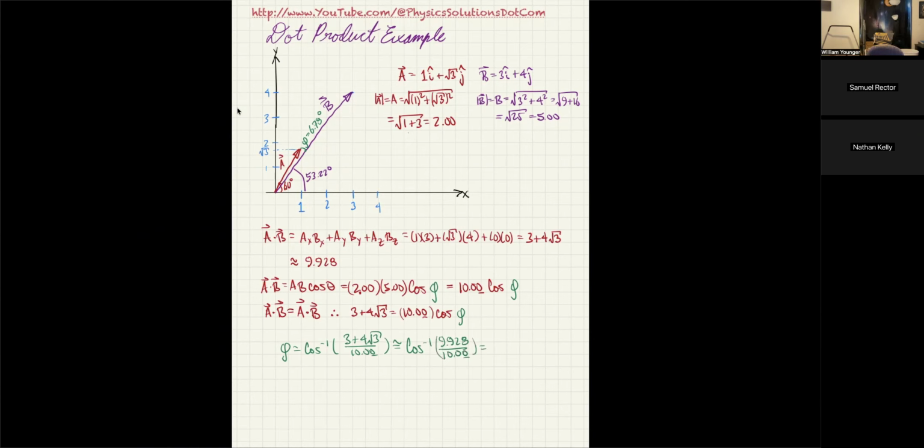And if I do shift cosine inverse 9.928 divided by 10, that gives me 0.9928.